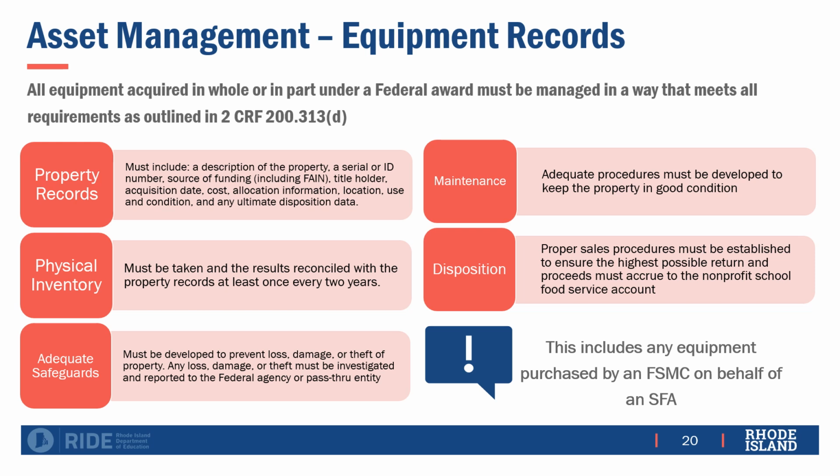Note, federal regulations related to asset management will be updated effective October 1st, 2024. The changes to this section of the Federal Register are minimal and include minor language updates. Additional guidance will be made available as necessary, but SFAs should refer to the Federal Register directly for the most current requirements related to asset management and equipment records.